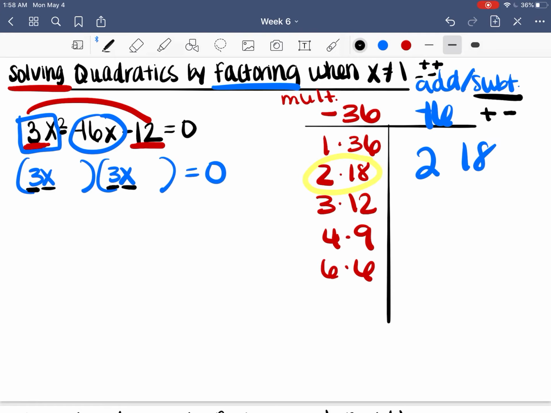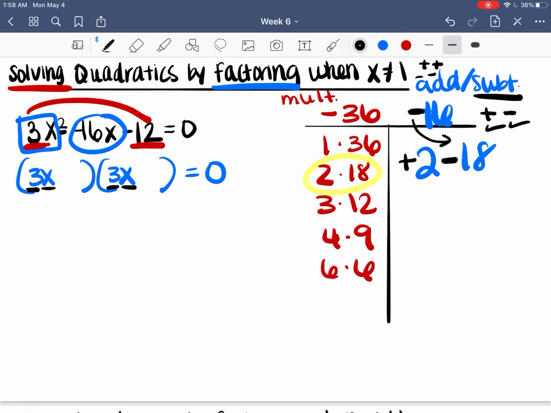So they have to have opposite signs. Because it's a negative 16, it means that your bigger number, the 18, needs to also be negative so that I can get an overwhelmingly negative answer. So that makes the 2 the opposite sign, which is a positive.